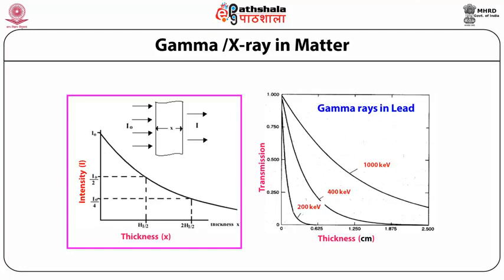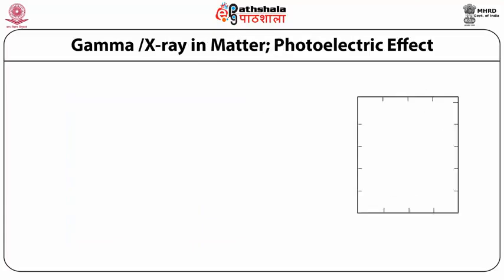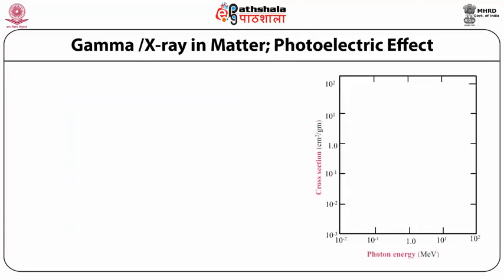We can see that the transmission probability decreases very fast as a function of thickness of lead, but it is a function of the energy of the gamma ray photon. The higher the energy of the gamma ray photon, the more is the transmission probability for a given thickness of lead sheet.